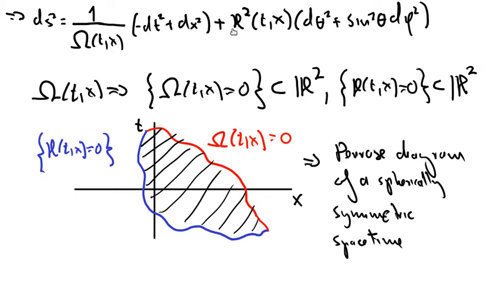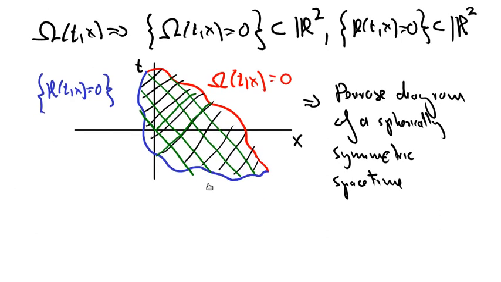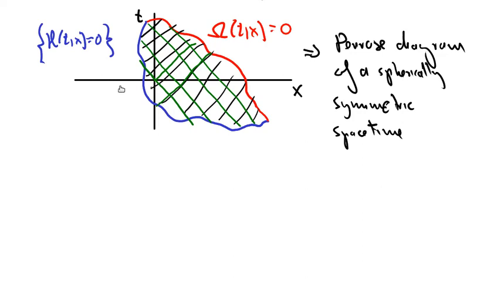Okay, so if I just draw a congruence of light rays in this space-time, well, maybe I should do it in another picture because otherwise it's going to be difficult to understand.